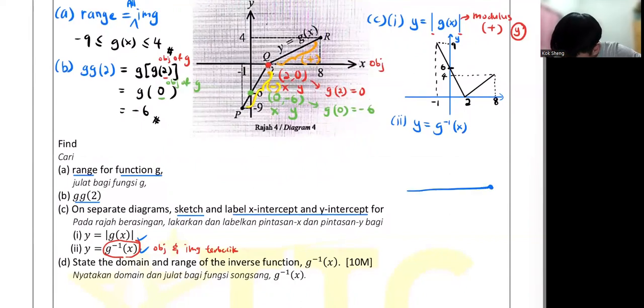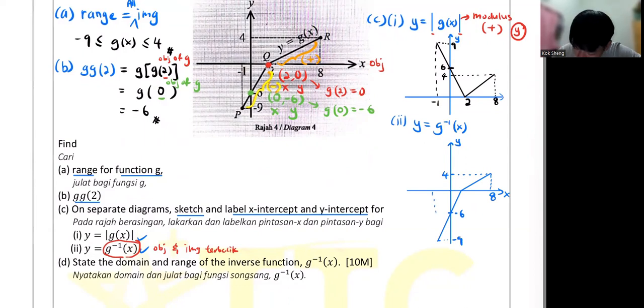So before we draw the inverse graph, we need to copy the original graph first, so that later we can do the reflection.